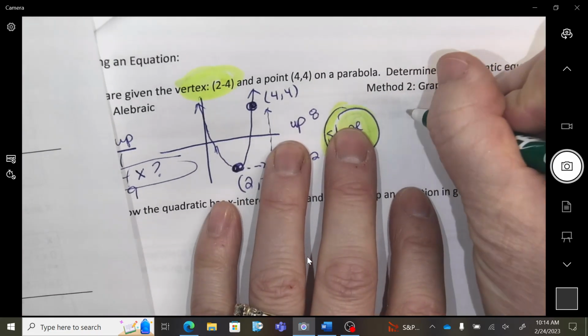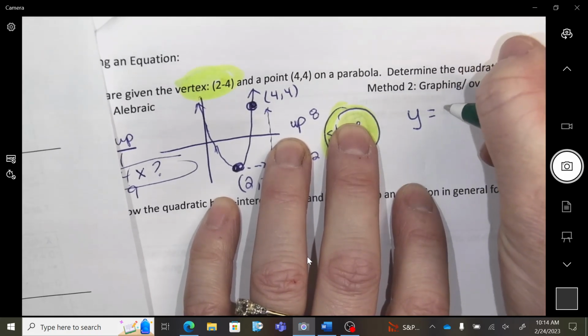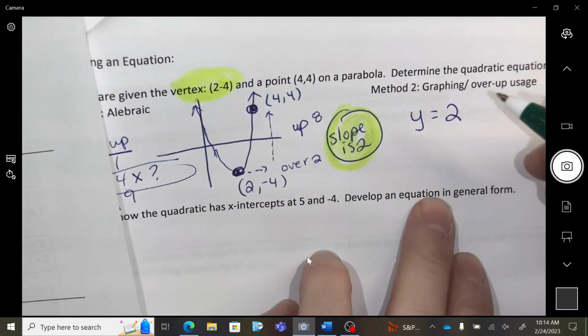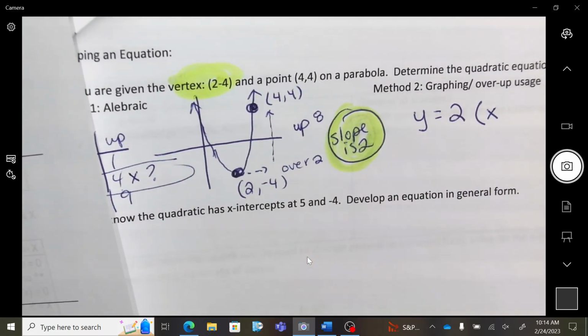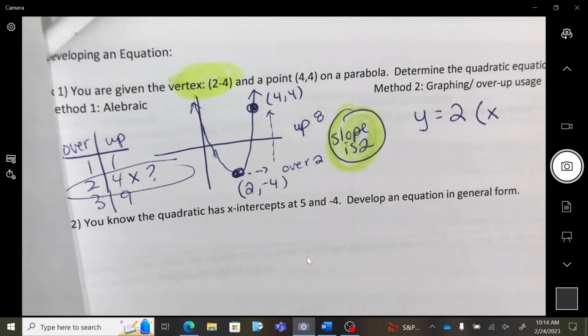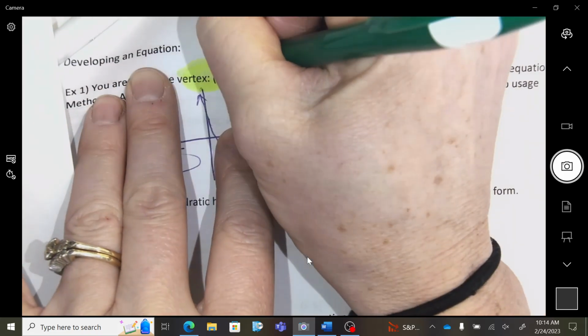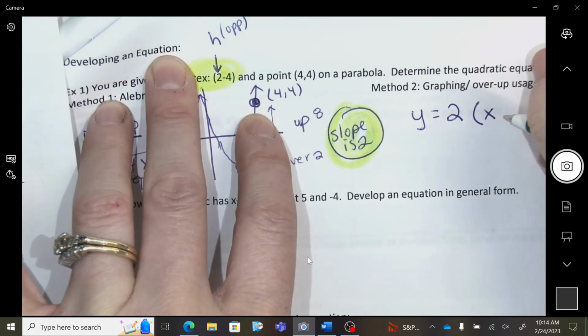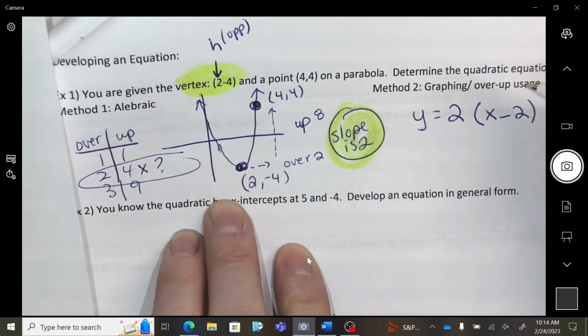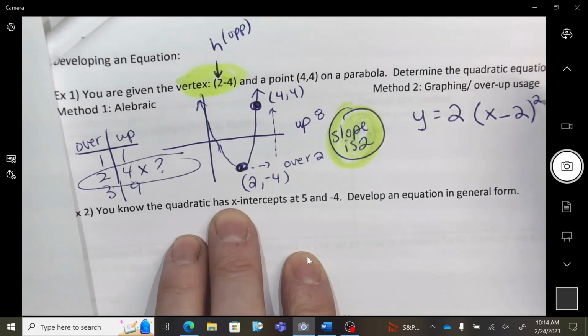So if I pick the first one, y equals the slope multiplier 2, x, and then I need the opposite. This is the h part, and I need to go opposite. Subtract 2 squared.